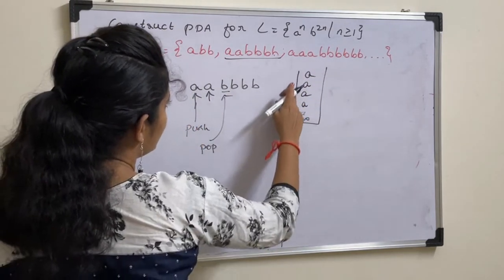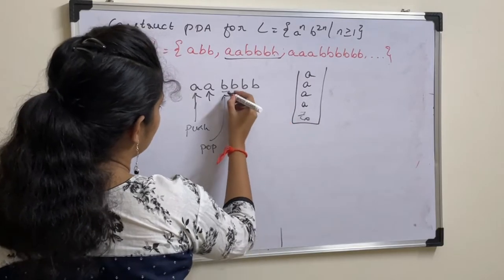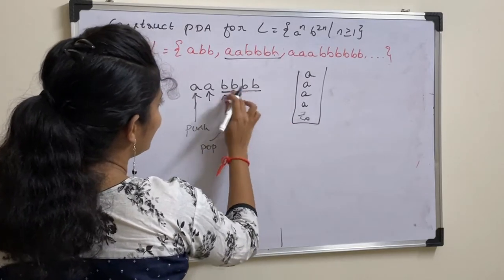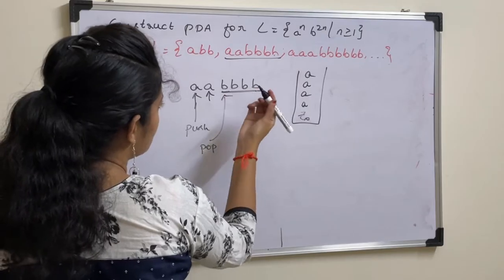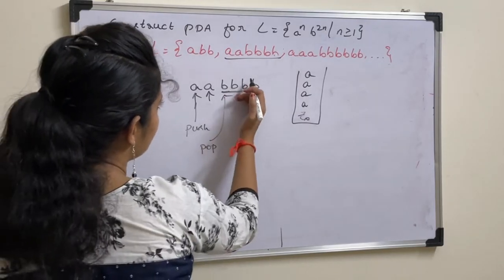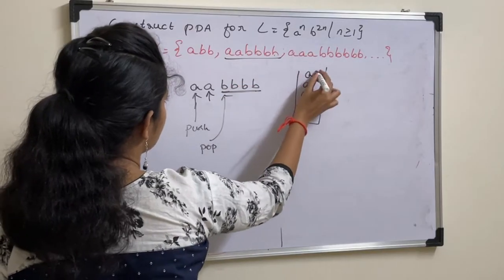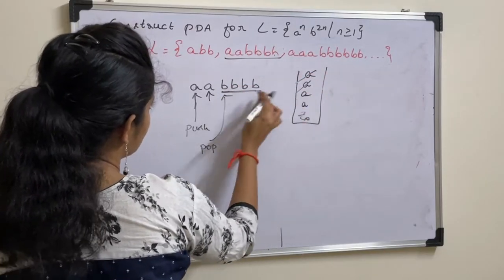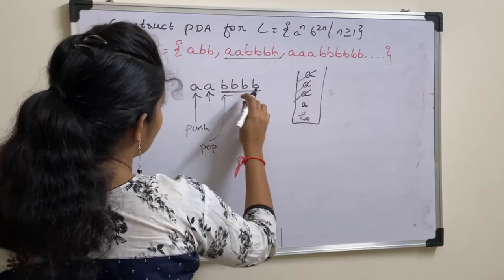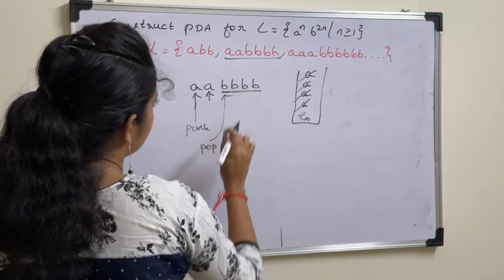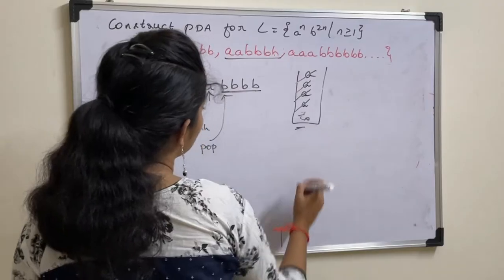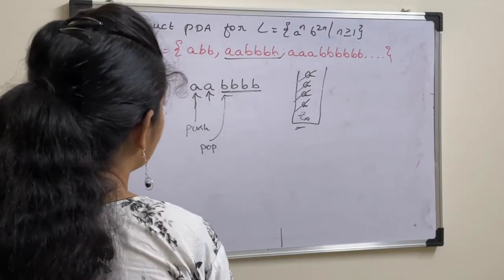Now 4 A's are pushed onto the stack and we have 4 B's as input. So we can start popping. As the number of A's is equal to the number of B's, you can pop A for the first B, the second A for the second B, the next A for the third B, the next A for the fourth B, and finally the stack contains only Z0.